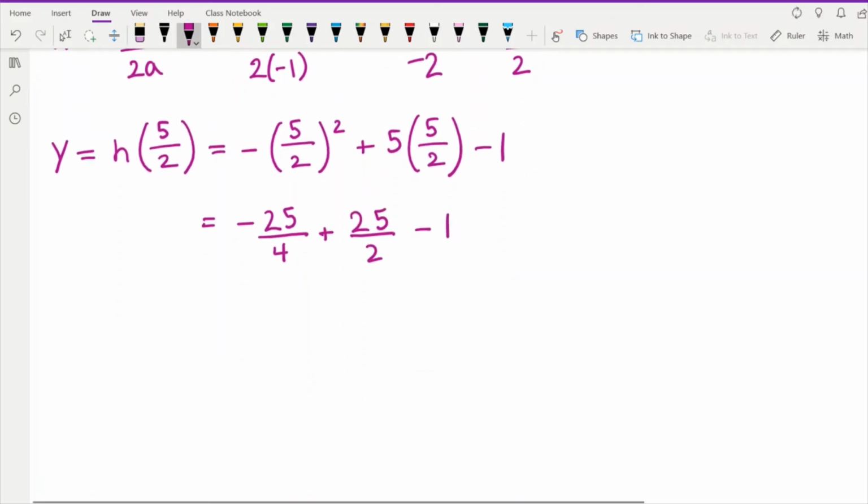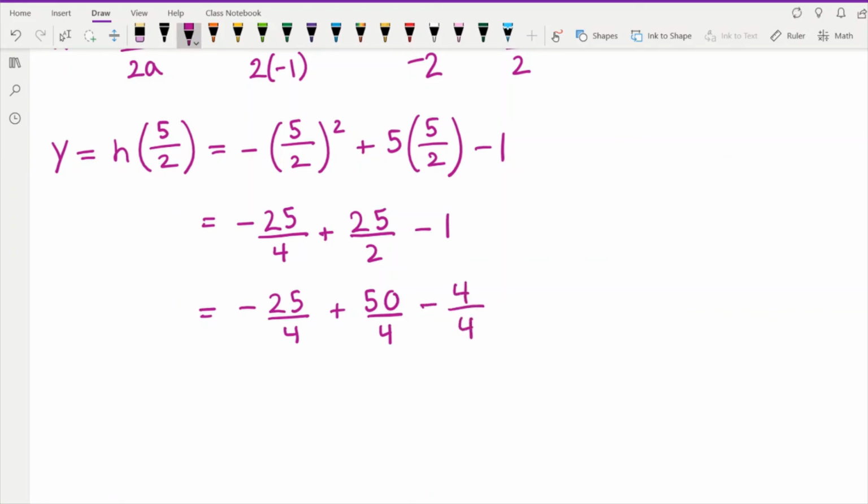We can make a common denominator of 4. And so that's going to be negative 25 over 4 plus 50 over 4, kind of similar to an earlier example we did. And then last one, minus 4 over 4. So altogether, negative 25 plus 50 is 25, minus 4, so that's going to be 21 over 4.